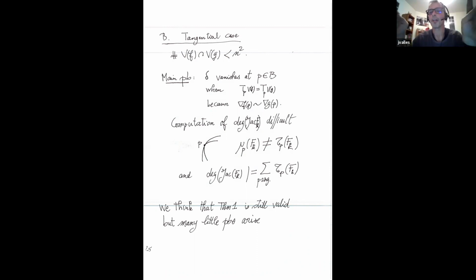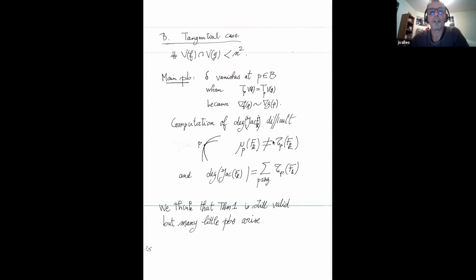The singular locus of F does not coincide with B, and so you can identify the singular locus with the set of singular points, etc. But if you have some tangential case, with fewer than n square points in the base locus, it means that there is a singular curve in the pencil that is singular along some point of B, because both are proportional here, so you have a curve singular at this point P.